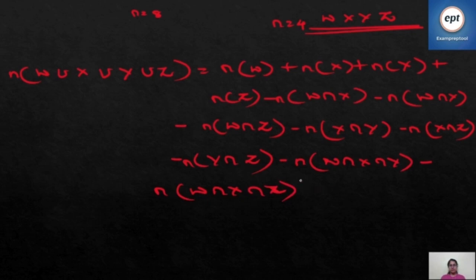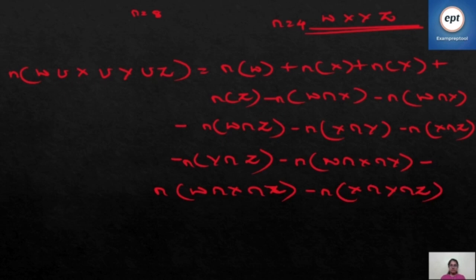Now again, what is left? The number of X intersection Y intersection Z intersection. Likewise we will do, and again Y intersection Z intersection.